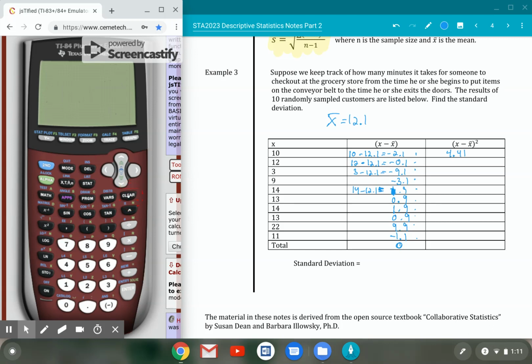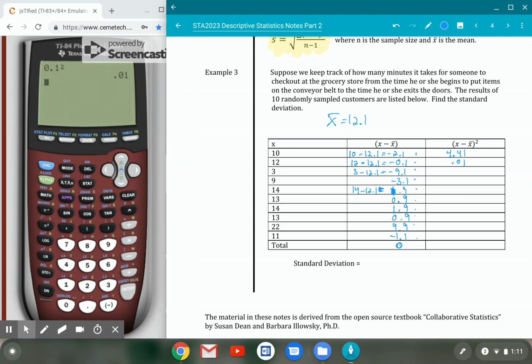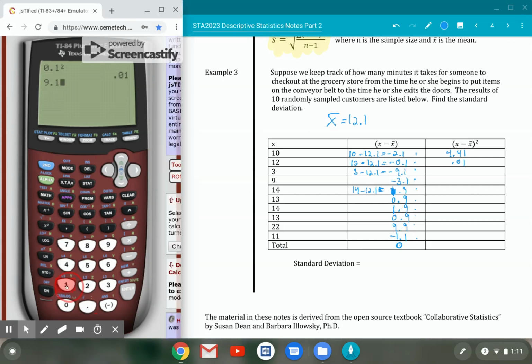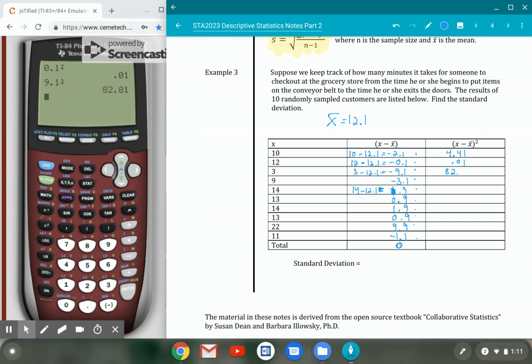Really, we know the negative times the negative is going to be a positive. So when I go to square, I can just say it's 0.1 squared for the next one. Gives me a 0.01. And then I would move to my 9.1 squared, even though it's negative. I know a negative times a negative, once again, is a positive. So 9.1 squared gives me 82.81. And I'll just continue filling in my table.